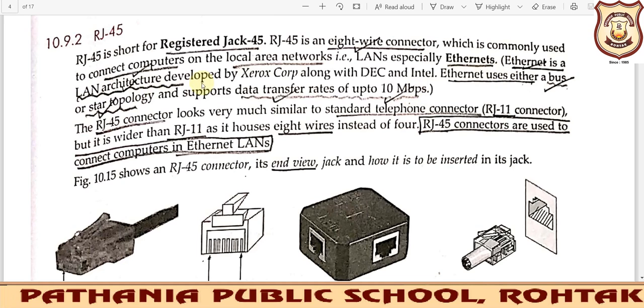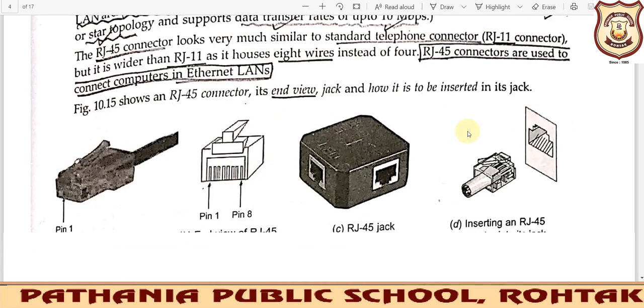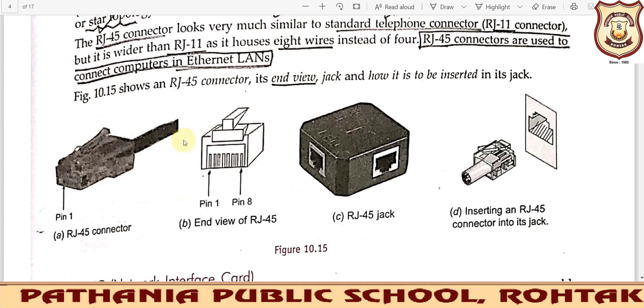Ethernet is a LAN architecture which supports topologies like bus or star, and it also supports a data transfer rate up to 10 Mbps. So the RJ45 connector is a connector attached to one end of the wire. This particular connector is known as the RJ45 connector, and it has 8 wires in it. The 8 wires are inserted into it, and then this connector is inserted into the RJ45 jack.